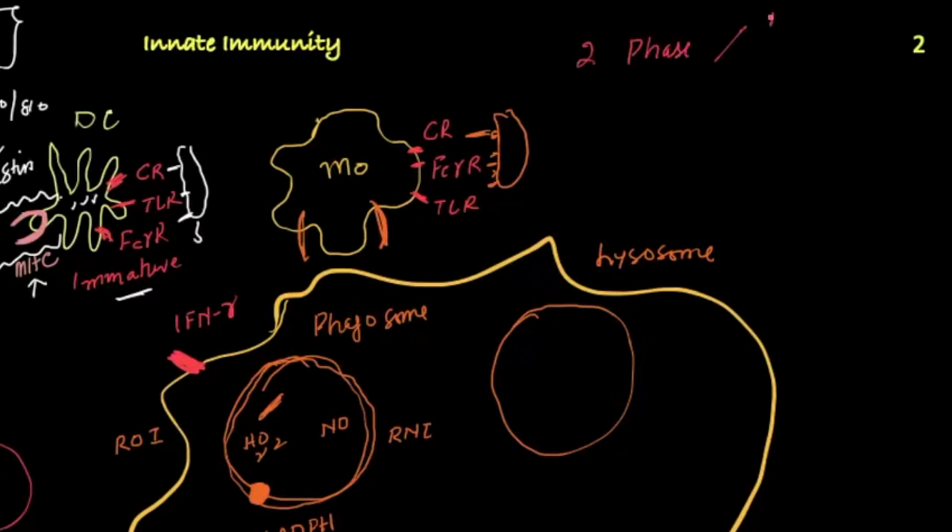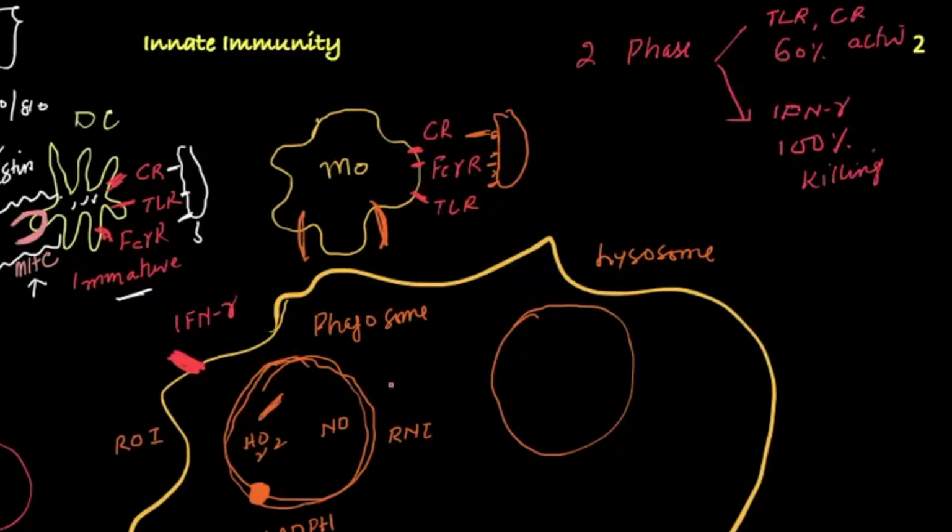One phase is when toll-like receptor or the complement receptor binds, it will go in phase 1. It will be like 60% activation. Then phase 2 is when interferon gamma binds, then the macrophage will become a 100% killing machine.